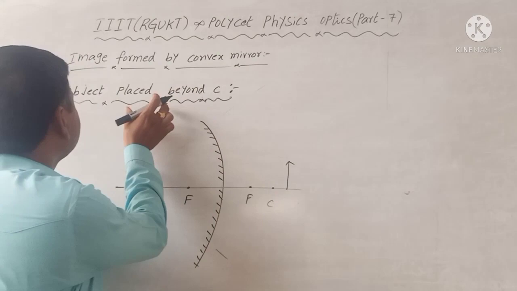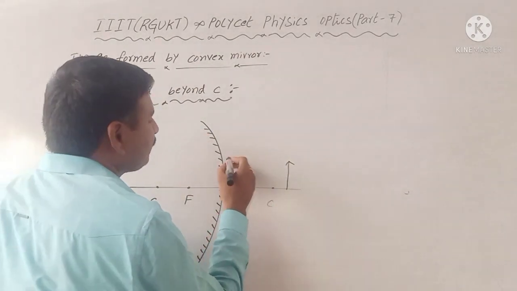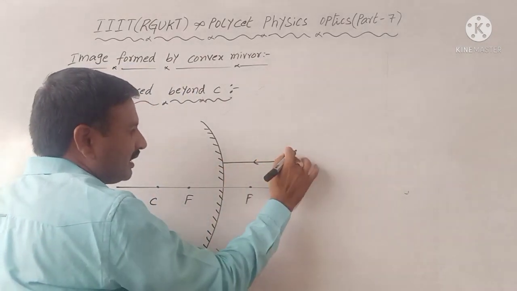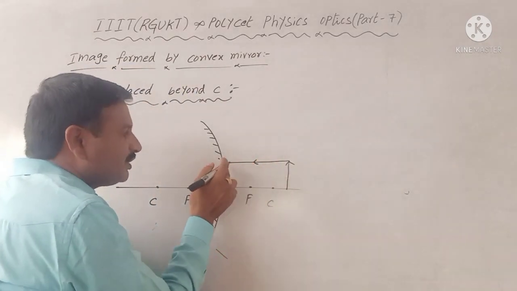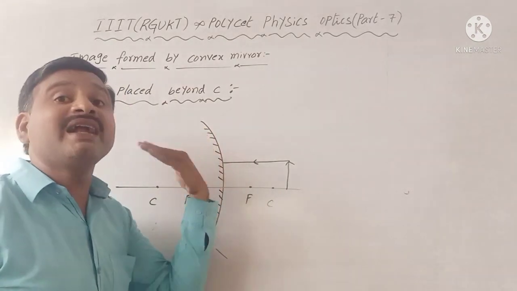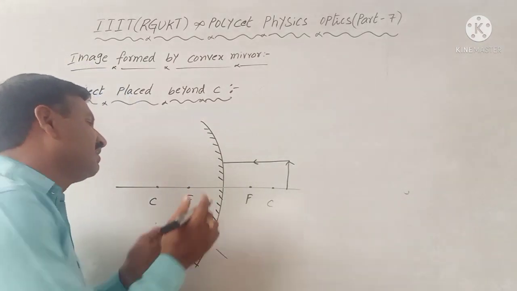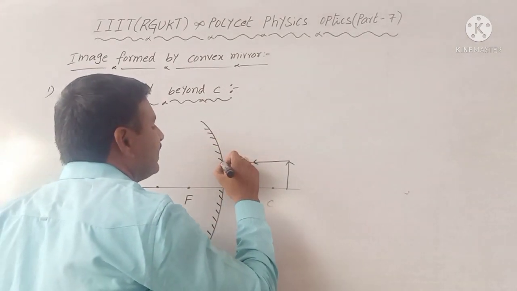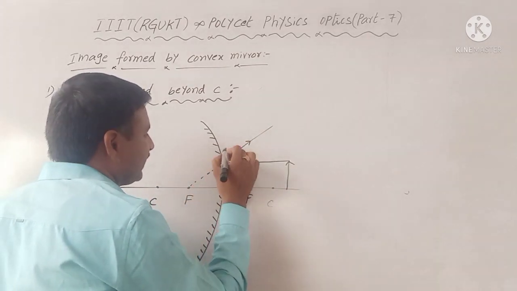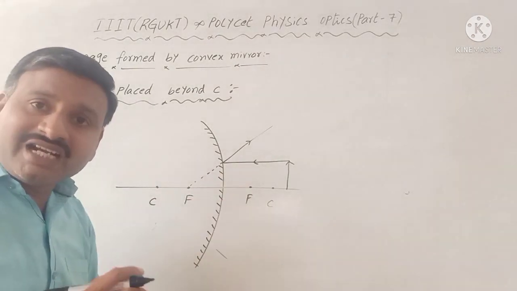So again, the object is beyond C. What does the first rule say? A light ray passing parallel to the principal axis. The convex mirror is the diverging mirror, and the concave mirror is the converging mirror. So these are diverging light rays, and the extended light rays meet at the focus. Is rule 2 satisfied?